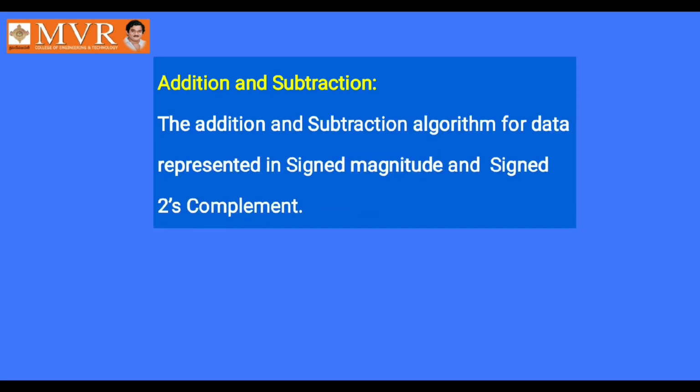So here we'll see simple addition and subtraction. We have to discuss these addition and subtraction algorithms for data represented in signed magnitude and signed 2's complement form. It is very important to realize that the representation for negative numbers refers to the representation of numbers in the register before and after the execution. Say, for example, when you are going to perform an operation between 2 inputs, one of them may be a negative value, or sometimes both values may be negative.